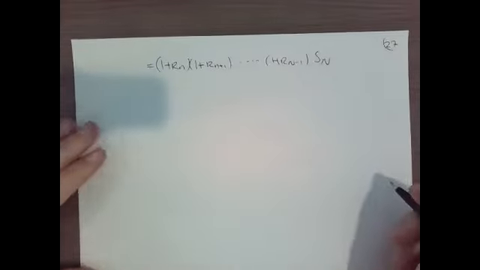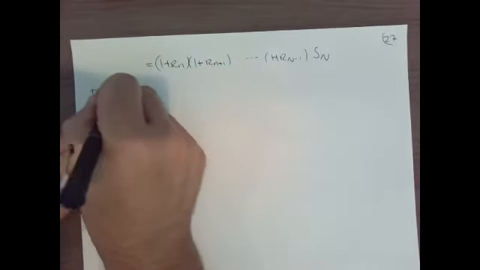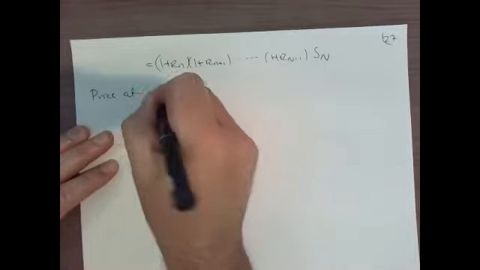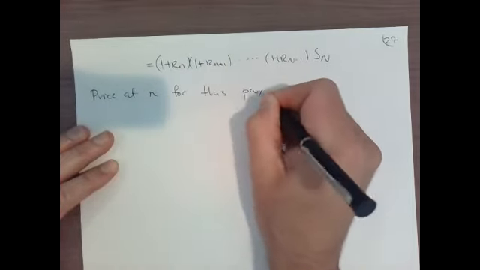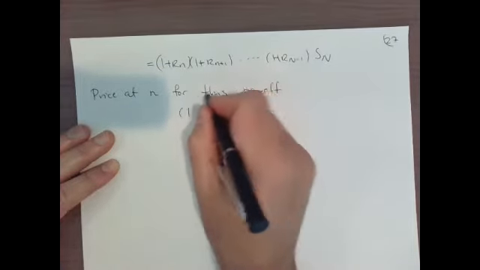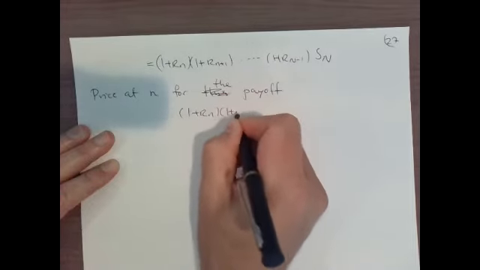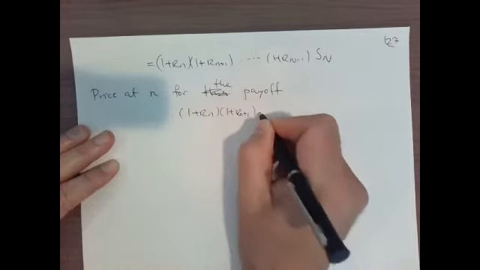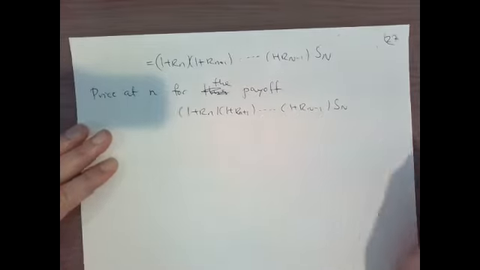And so the price at n for this payoff, I should say, for the payoff 1 plus Rn, 1 plus Rn plus 1, 1 plus Rn minus 1 times Sn.